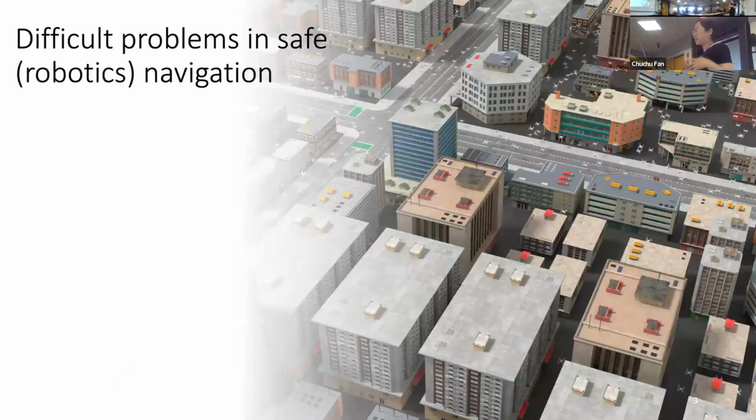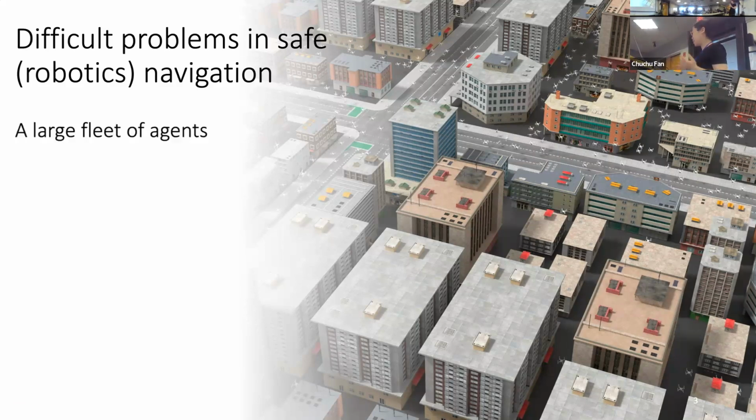So my talk will be divided into 2 parts that you will see are actually quite closely connected. We are motivated by solving these difficult problems in safe control or safe navigation, mostly for robotic systems. And of course, there are tons of challenging problems that people are looking at. Within those, we are particularly interested in a few.